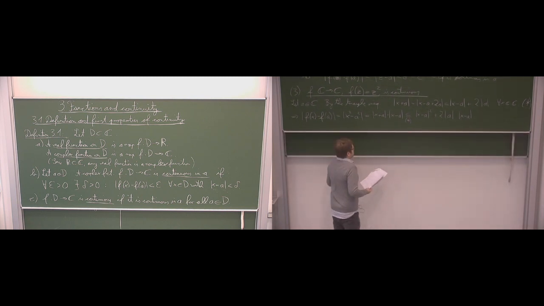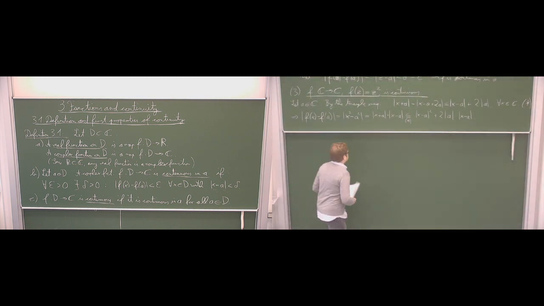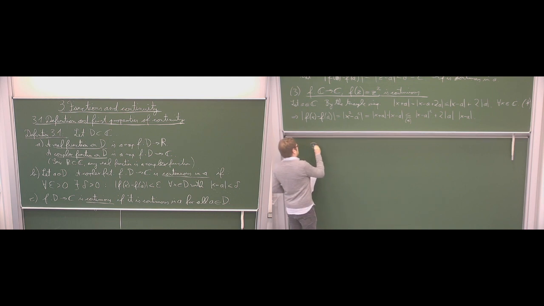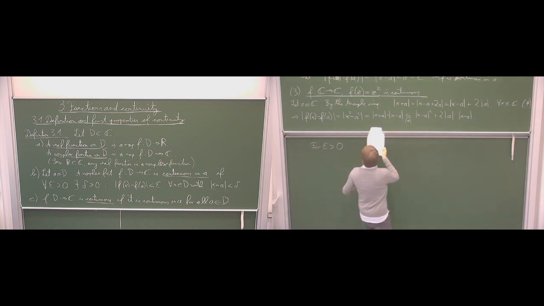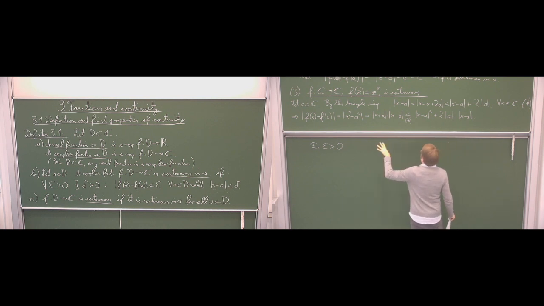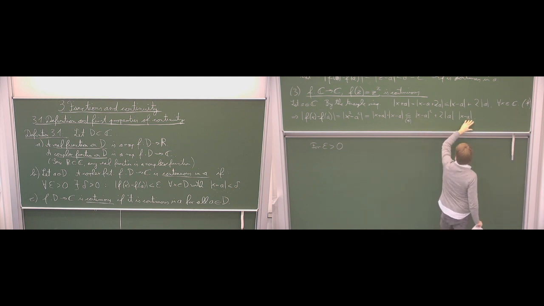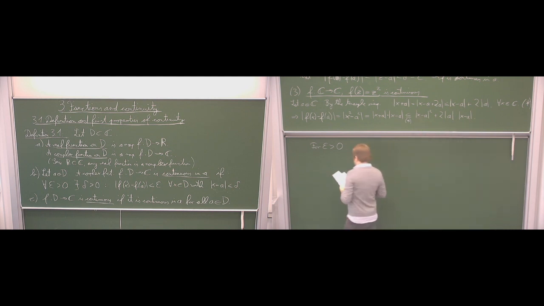Namely, if we have some epsilon bigger than 0 given, we need to find some delta such that if this difference here is smaller than delta, then by this computation it is smaller than epsilon. By this computation it suffices to show that this here is smaller than epsilon if delta is small enough. And this is what we are going to do now.